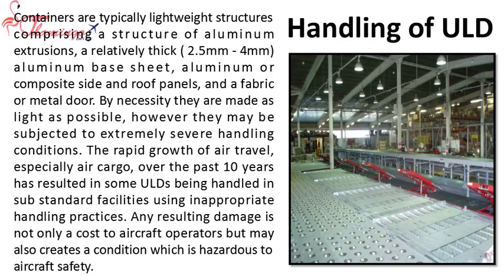The rapid growth of air travel, especially air cargo, over the past 10 years has resulted in some ULDs being handled in substandard facilities using inappropriate handling practices. Any resulting damage is not only a cost to aircraft operators but may also create a condition which is hazardous to aircraft safety.